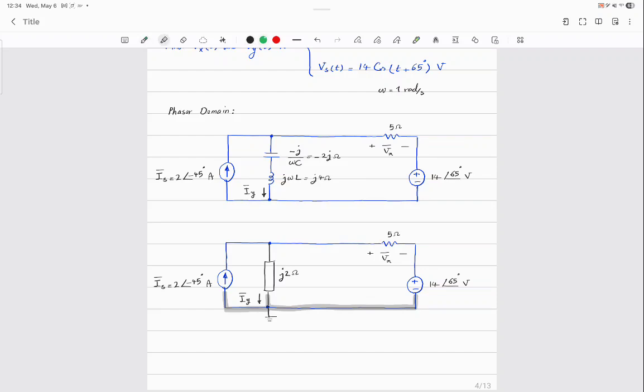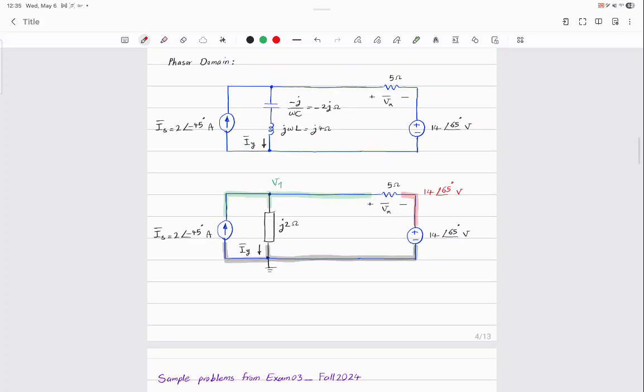Then you're going to call this one something. Let's call it Vy or V1? V1. And is this a known source or no? Yes. 14 with angle 65 degrees volts. Any problem so far? Okay, write a KCL at V1.